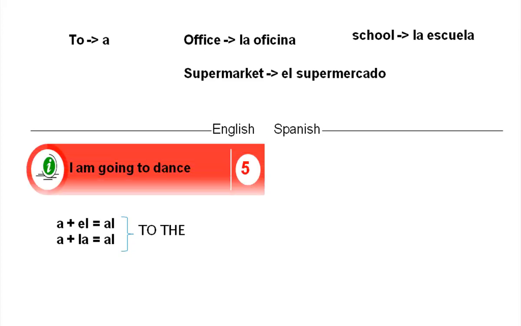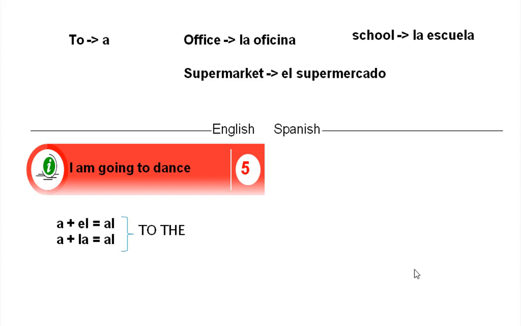I'm going to dance. Okay, so here we'll be learning something new. Here I'm saying I'm going to dance. So dance, we know it is bailar. We saw the verb in the AR verb lesson. And going, we know it's I am going, voy. And we have this to. So how do we frame a sentence which has two verbs actually?